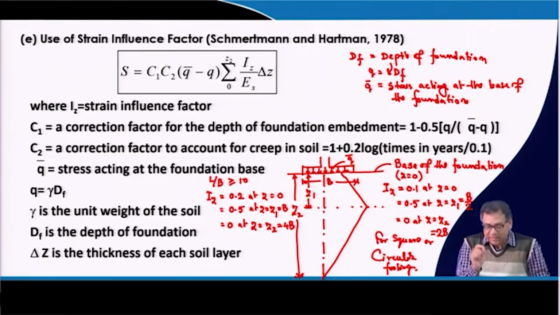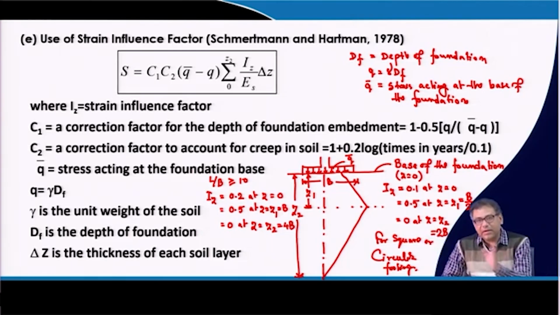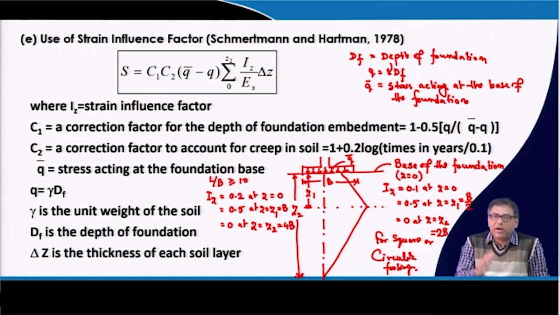So, if your L by B value increases from 1, where it is twice B, towards 10, where it is considered as 4 times B, then the influence zone value will increase.